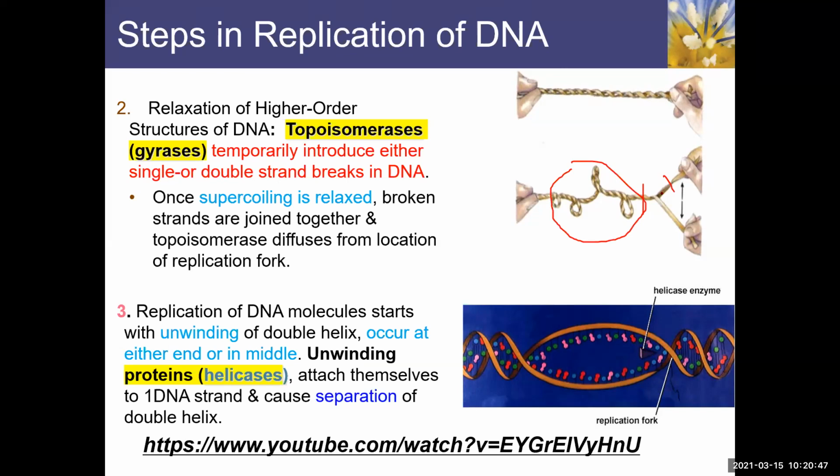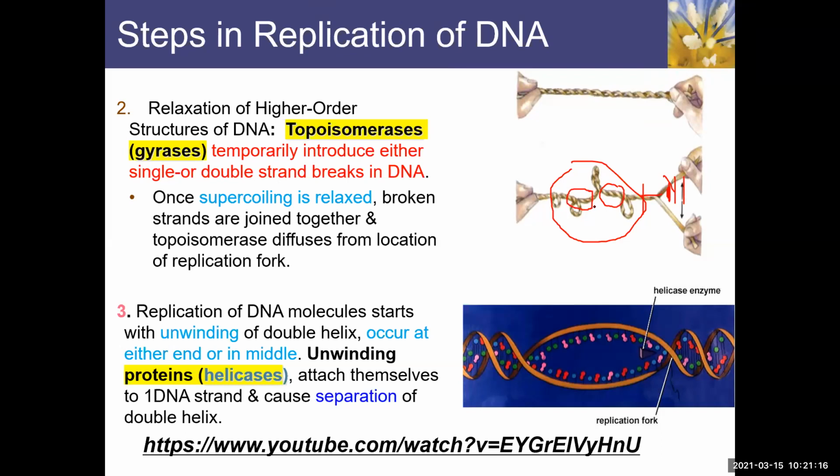As the replication fork is moving forward, helicase is breaking these hydrogen bonds over here, right? So there is a chance that the DNA can be supercoiled. We call it positive supercoiling. So in order to remove this positive supercoiling, the topoisomerase moves ahead of the DNA strand. It keeps the strand ready so that the replication can smoothly take place.